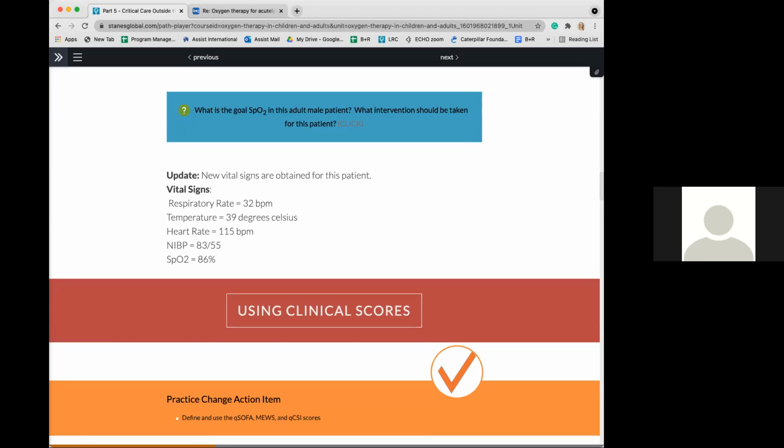So this will bring us to the next session where we'll be talking about the use of clinical scoring systems. We'll be talking about a few of the more practical scoring systems that have been devised by different schools, and most of them have been very, very helpful in improving our patient outcomes.